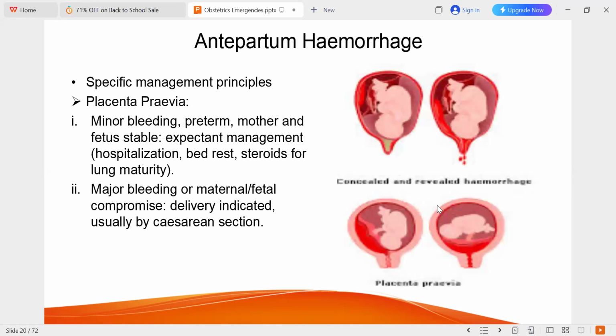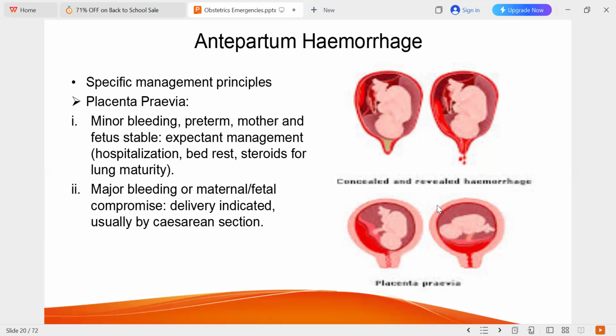So placenta previa is one of the common causes of APH, and as you can see in the diagram on the right side of the screen, placenta previa may present with either minor or major bleeding. With minor bleeding, preterm, where mother and fetus are stable, you want to admit the patient for bed rest.